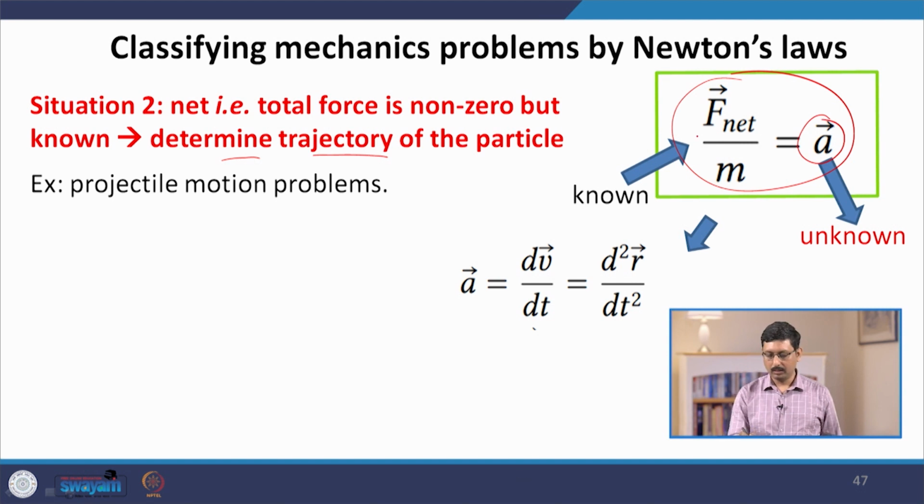So this is known and this is unknown. Once we calculate the acceleration, we can relate it to velocity using the definition that acceleration is the rate of change of velocity, and to position using the definition that acceleration is the second derivative of position with respect to time. Note that these are differential equations.